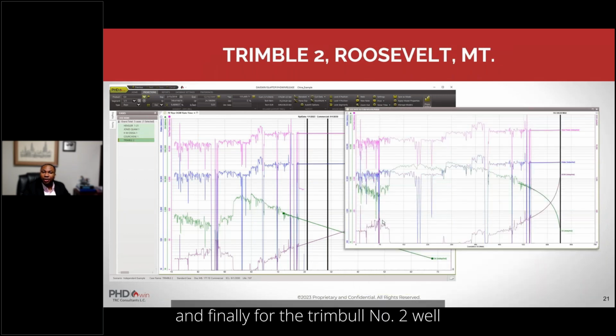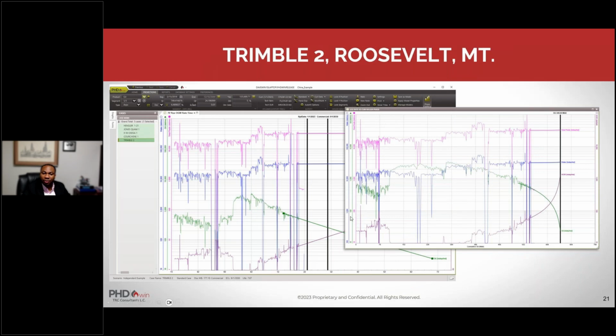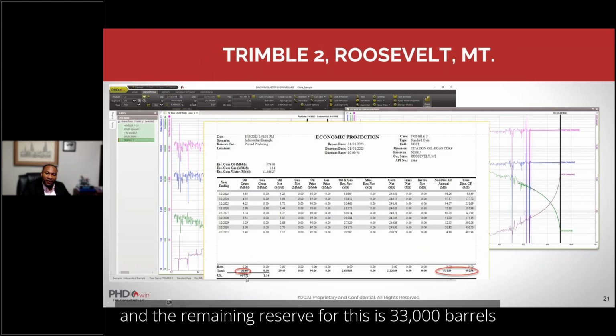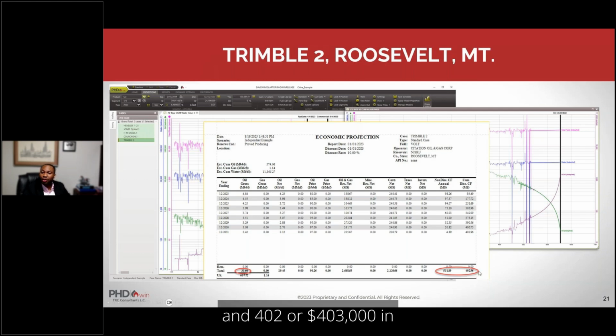And finally, for the Trimble number 2 well, we did something similar, and the remaining reserve is 33,000 barrels and $402 or $403,000 in net present value.